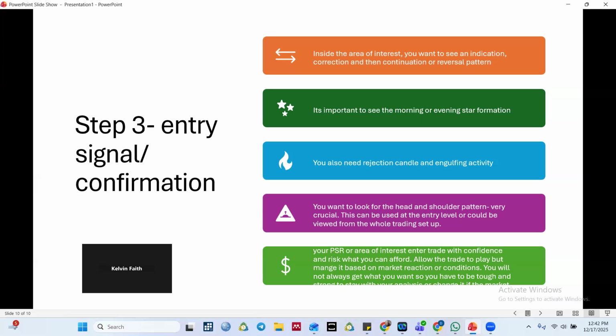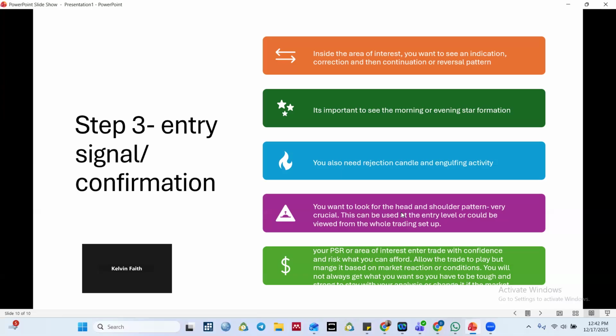If it moves in a U shape, it will always go back to form the other U to become W or M or head and shoulder. And the head and shoulder pattern is the same or similar to morning star, evening star. Always you see the head and shoulder pattern giving you a high, higher high, lower high, or a low, lower low, lower high. Okay, the head and shoulder pattern.